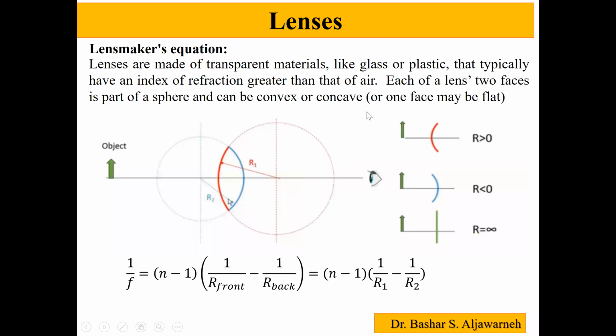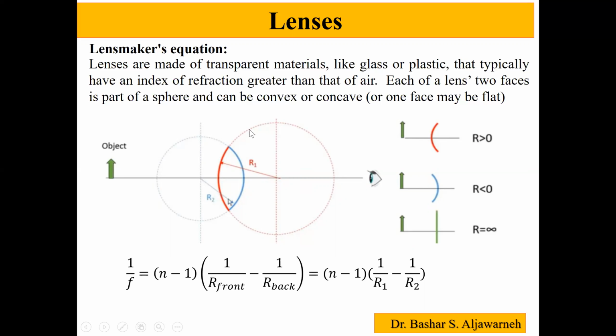In general, our lens is a material or transparent material like glass, plastic, and you need to know the following. The index of refraction of this material has to be greater than the index of refraction of the air.